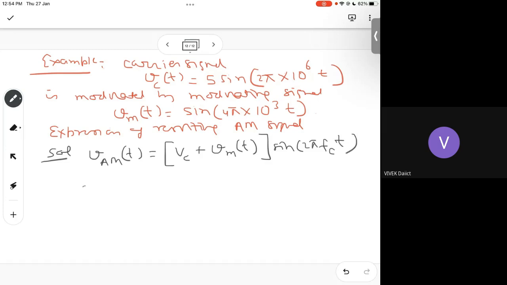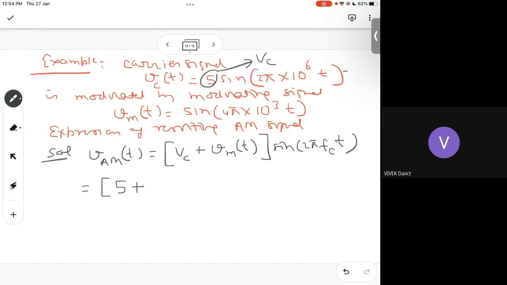So in this case, it becomes, now VC was how much? If you see, VC here is, this is your VC. So it becomes 5 plus your VM remains the same.